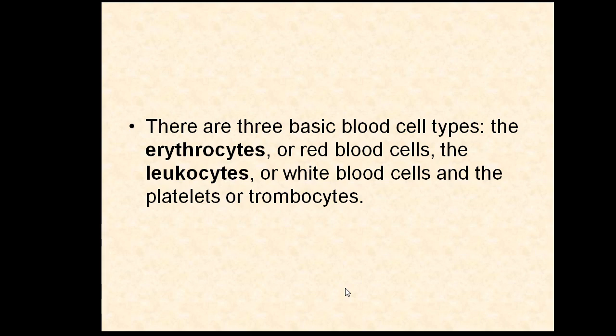My task is to explain to you the normal morphology of the formed elements of the blood. Only our department explains to the students the normal characteristics of the peripheral blood of a healthy person. So the formed elements of the blood constitute three types.